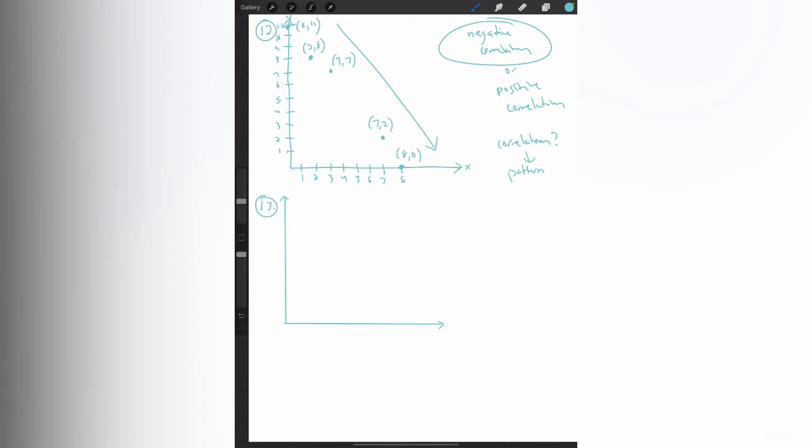Maybe on the bottom we plot, let's just go to 12: 1, 2, 3, 4, 5, 6, 7, 8, 9, 10, 11, 12. And on this side we'll go by 10: 10, 20, 30, 40, and 50. Maybe I'll space them out a little bit more.